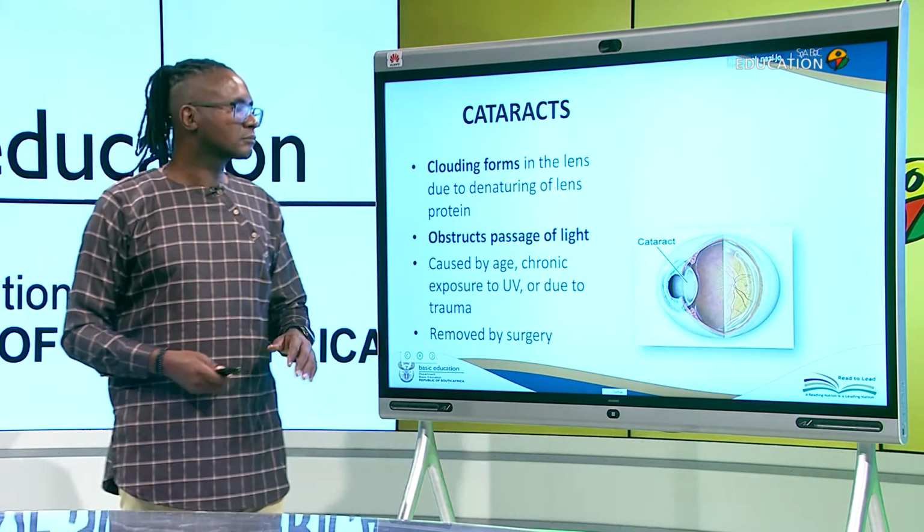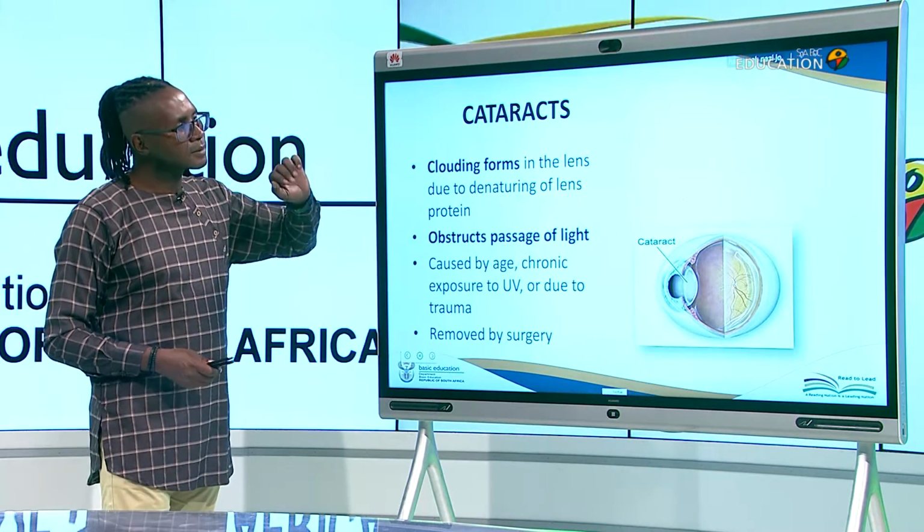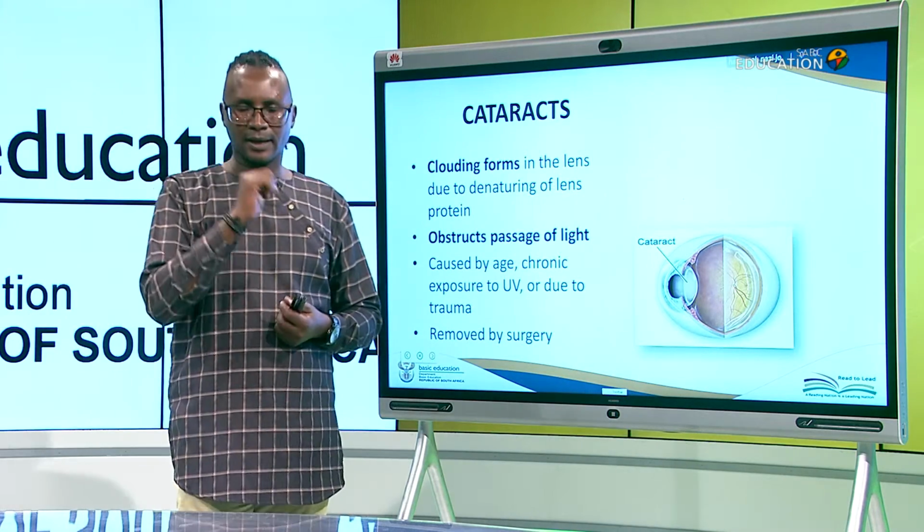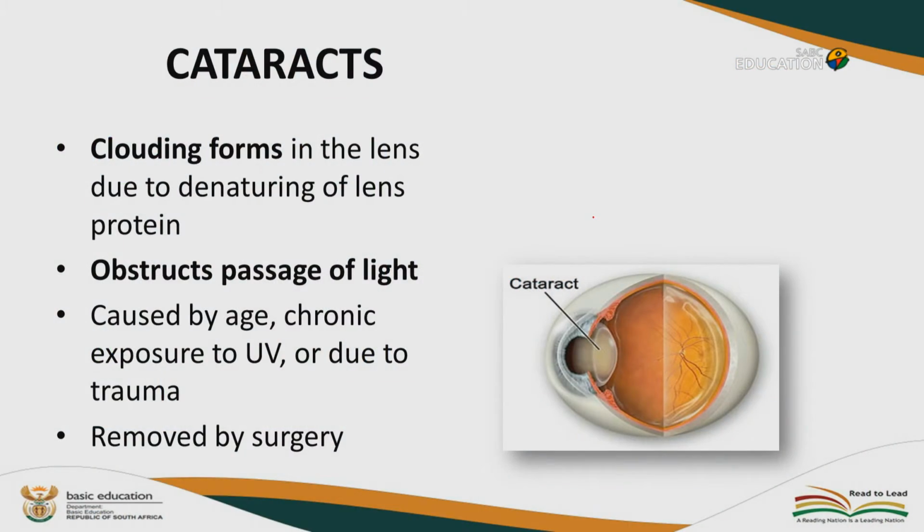The last sickness we're dealing with is cataracts. Remember, the lens, the inelastic lens, comprises water and protein. So this sickness normally attacks elderly people. What happens there?